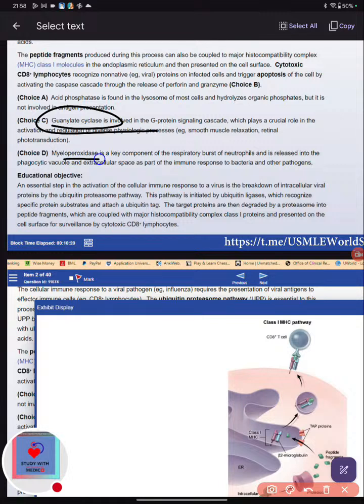Talking about myeloperoxidase, it is a key component of the respiratory burst of neutrophils, released into the phagocytic vacuole and extracellular space as part of the immune response to bacteria and other pathogens.